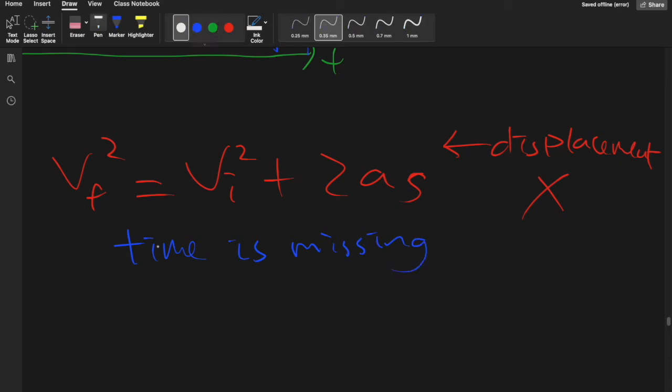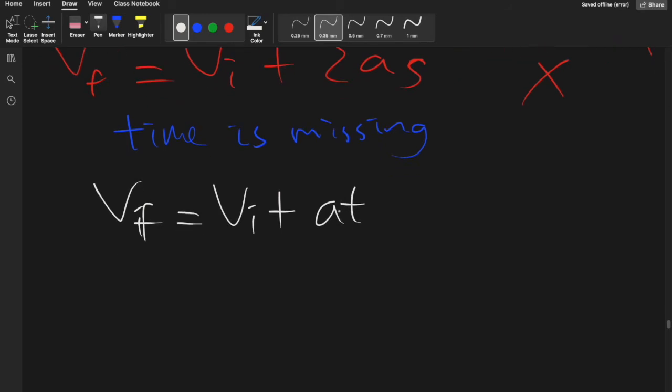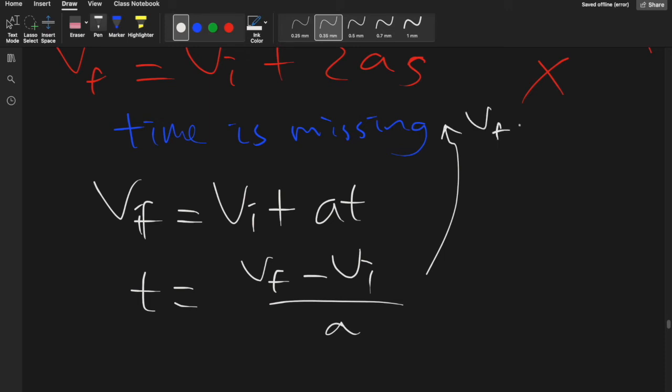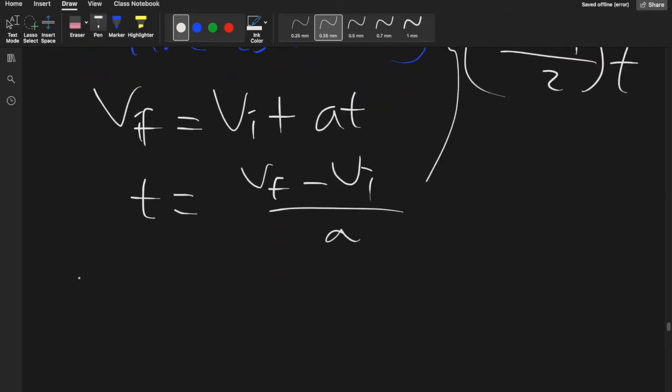Well, we have the equation of final velocity is equal to initial velocity plus acceleration times time. So time can be written as final velocity minus initial velocity divided by acceleration. And you can just plug this into the equation of final velocity plus initial velocity divided by 2 times time. So let me do this.